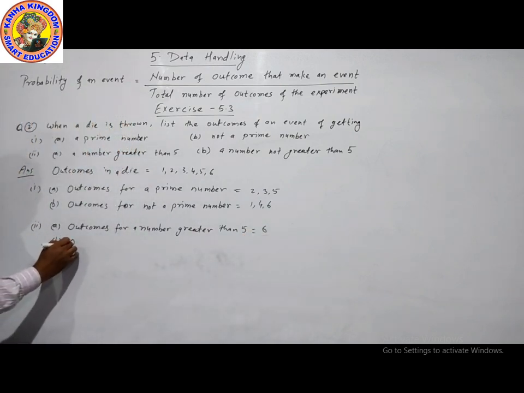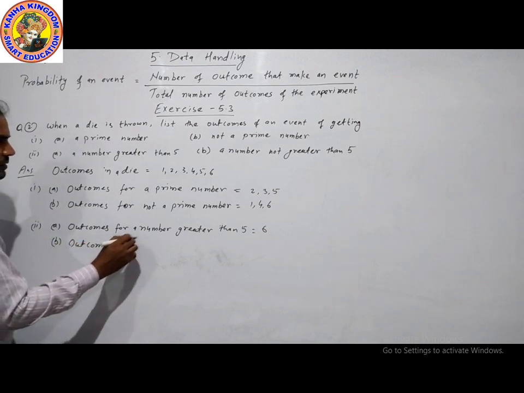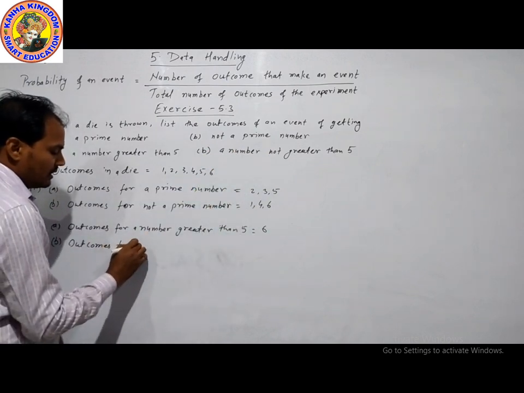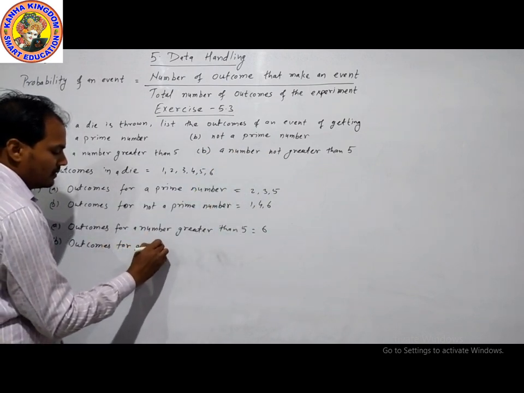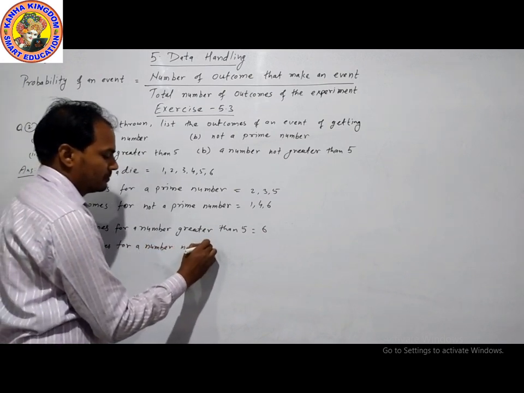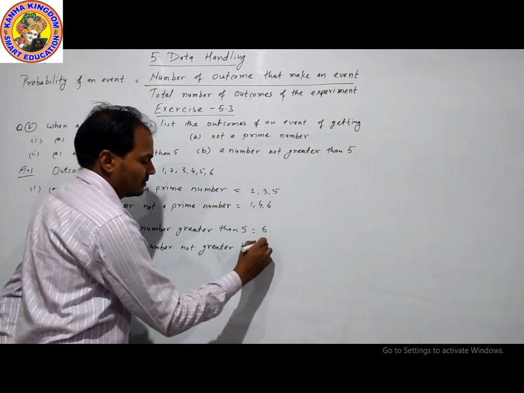Now attempting the second part, outcomes for a number not greater than 5.